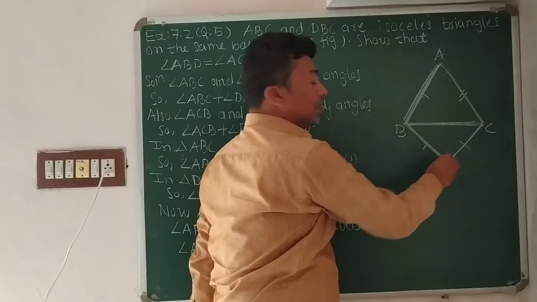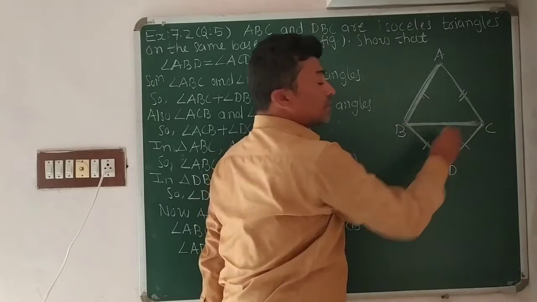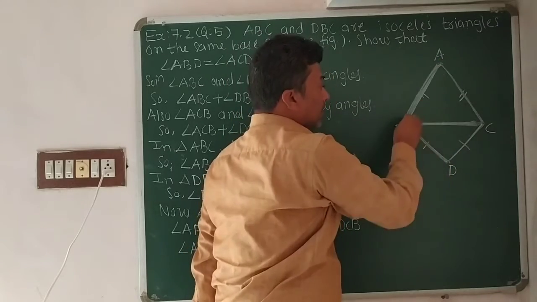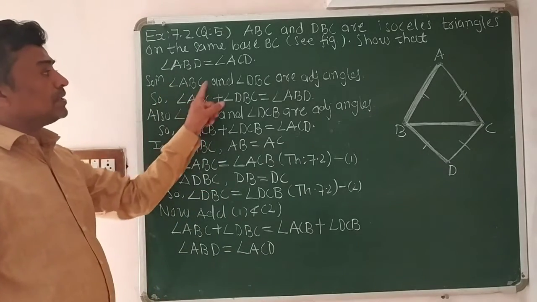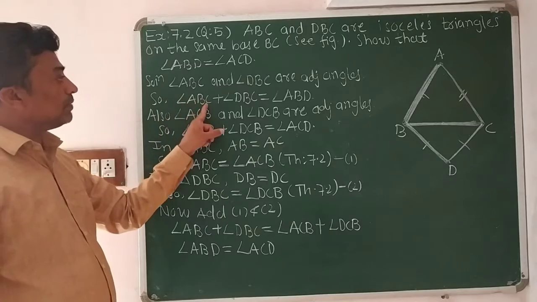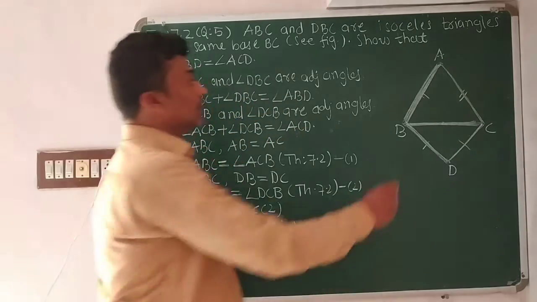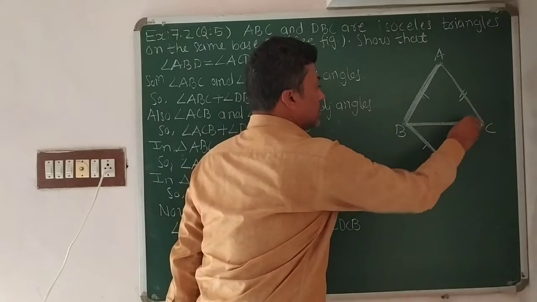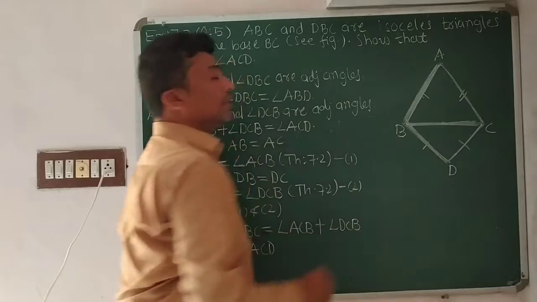Angle ABD. So angle ABC plus angle DBC is equal to angle ABD.